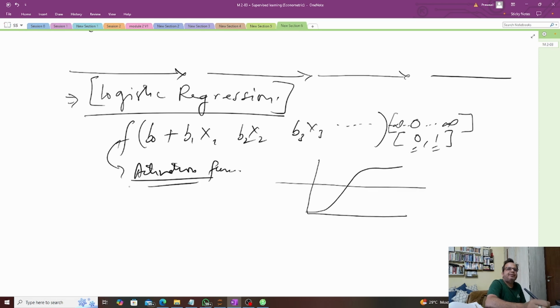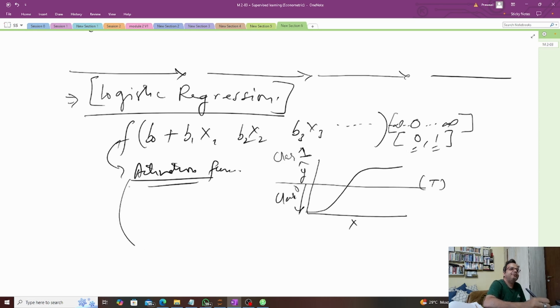Then we find a threshold value t. This is your x and this is your y. If the value is below this threshold, then it is class 0, and above it, class 1. So that's the philosophy of logistic regression.